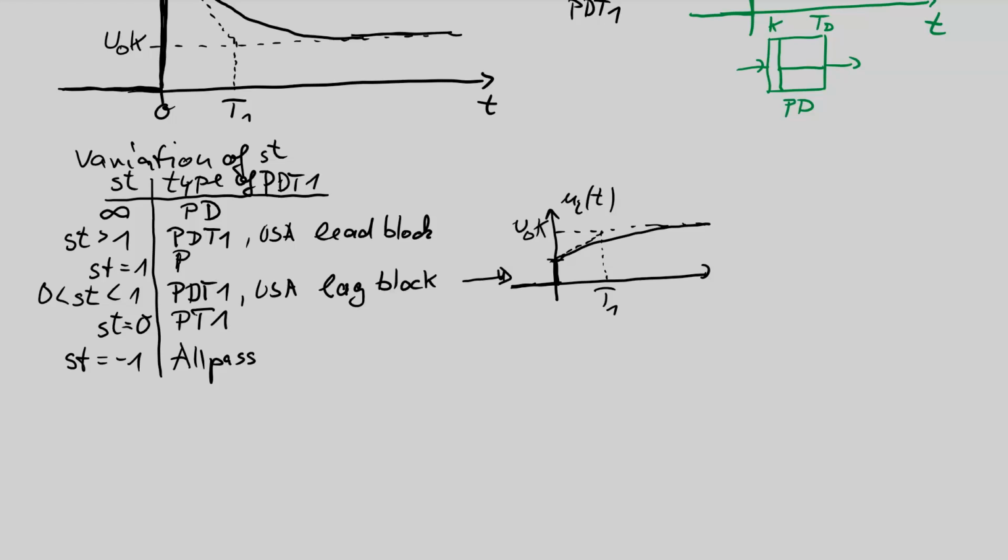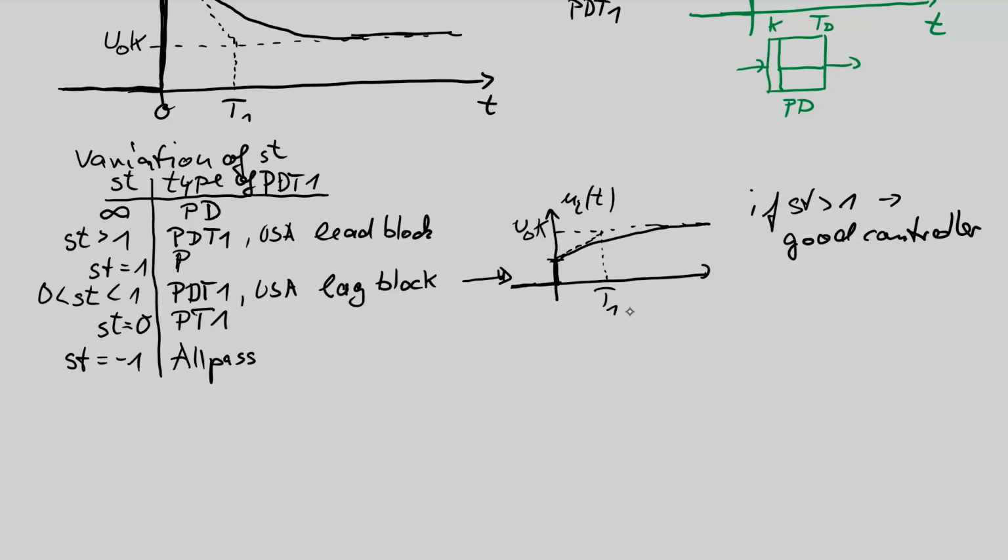Here the most important PDT1 is the step depth larger 1. If step depth is larger 1, this is a good controller for special cases, especially if the system is unstable with PDT1, you could stabilize the situation.